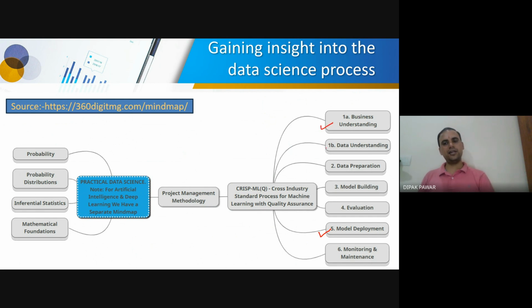We have business understanding, data understanding, then data preparation. After that, we covered model building, then evaluation of that model. Next, we deploy the model on the cloud, and lastly, we perform monitoring and maintenance to check whether there is drift in the data. Because of that, if the model is unstable, we should make it stable. Does anyone have any issue up to this part? Okay, I don't think so. If you have any issue, please ping me on the group.